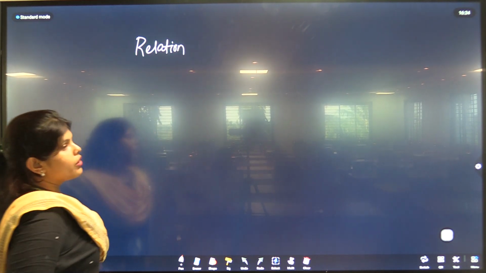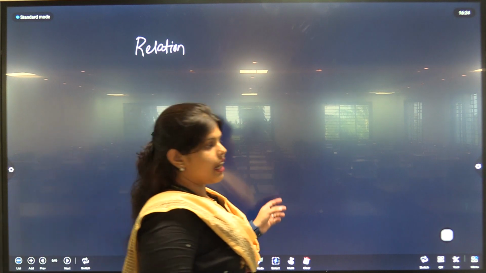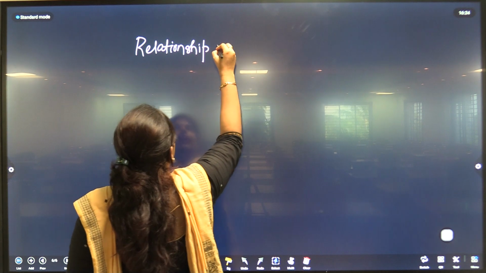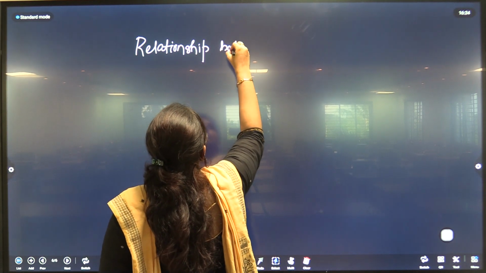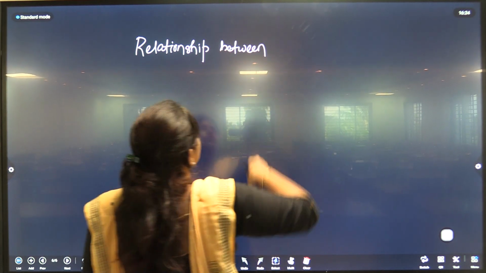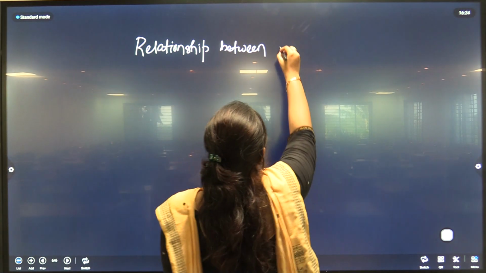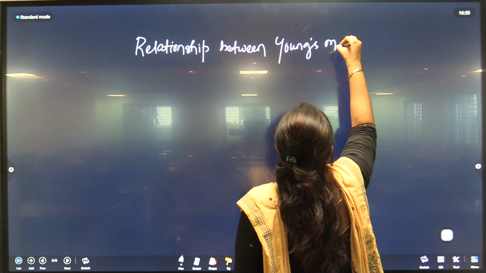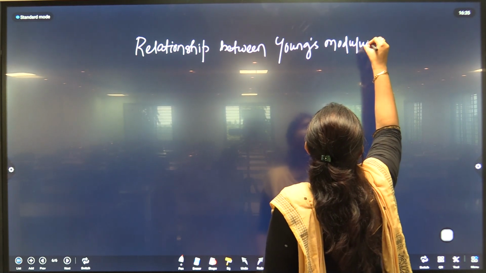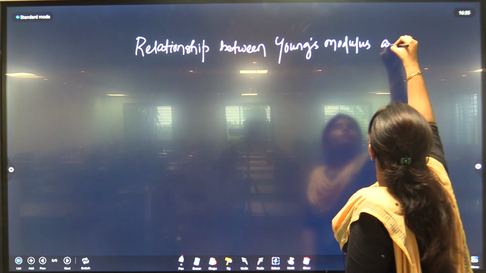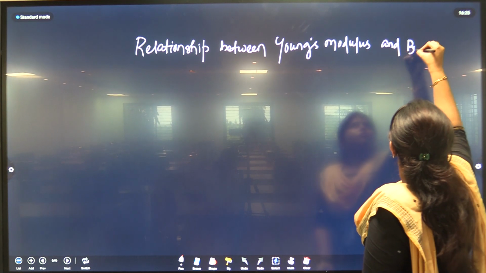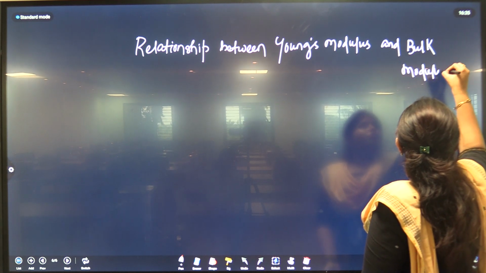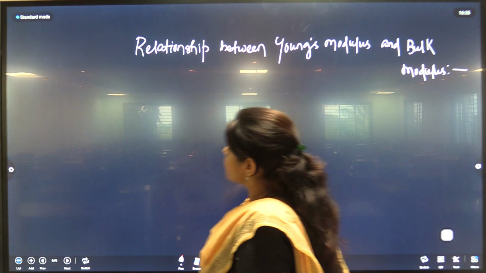First we have to calculate the relationship between E and K, that is, between Young's modulus and bulk modulus.